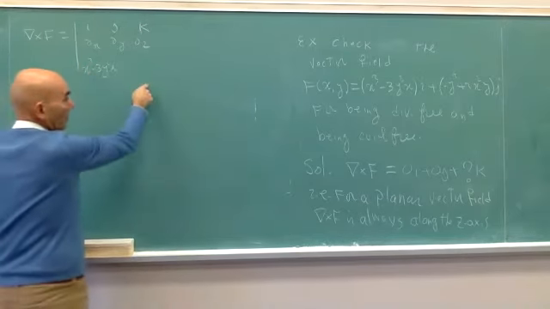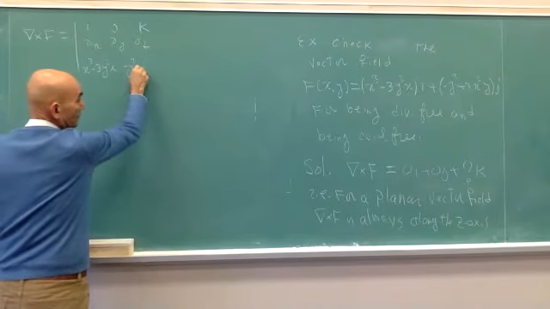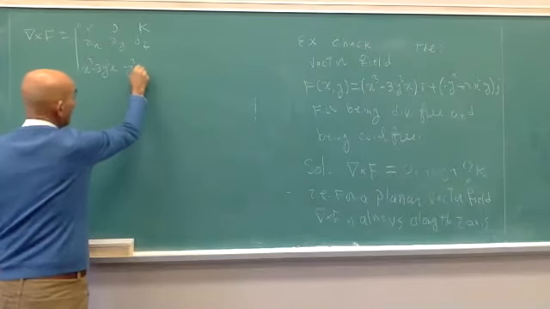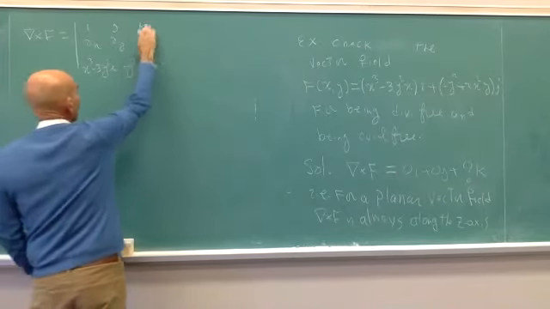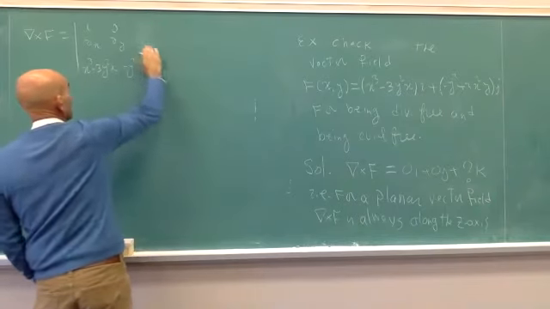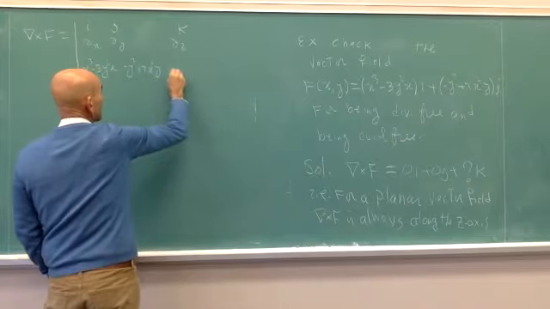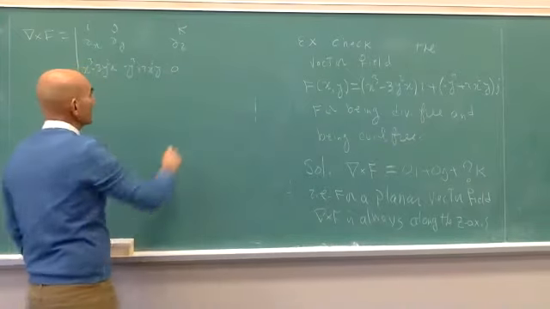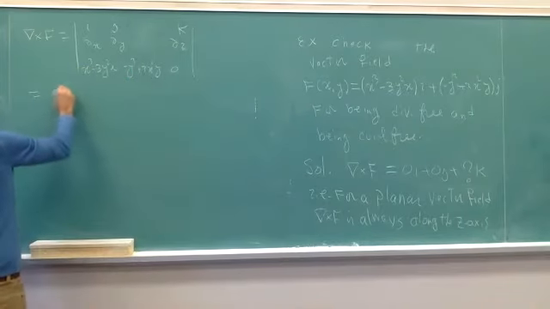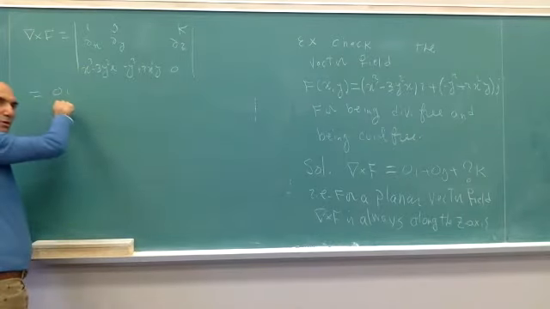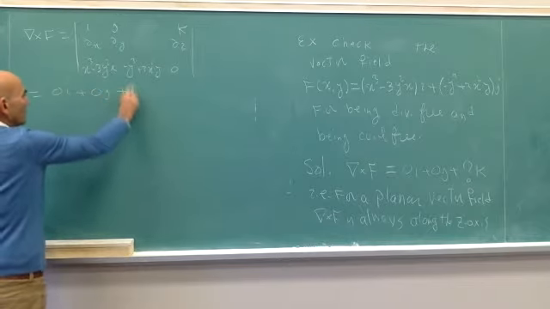The next component is minus y cubed plus 3x squared y. And this component, by the way, is actually 0. Now I don't spend any time on that because I know that these two components are going to be 0i plus 0j plus k.